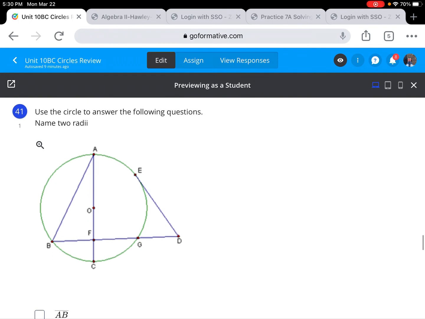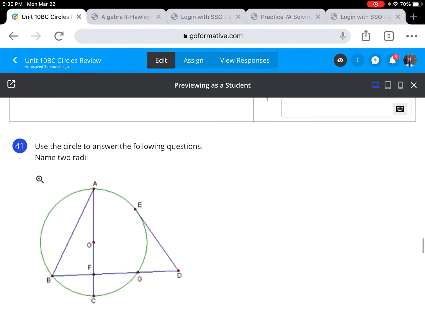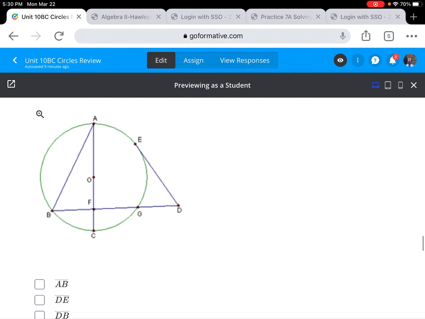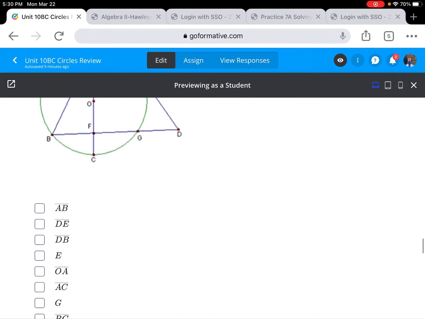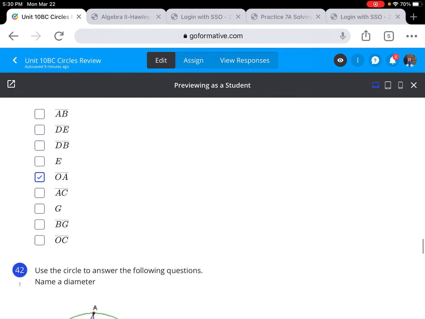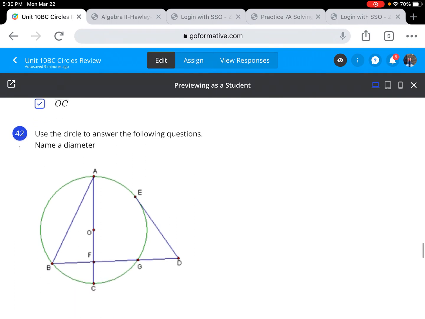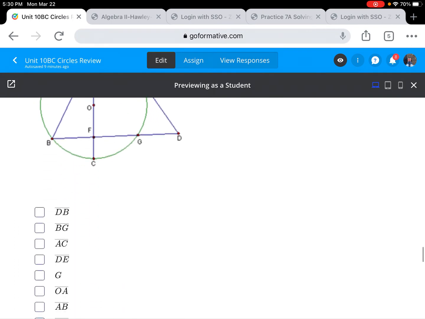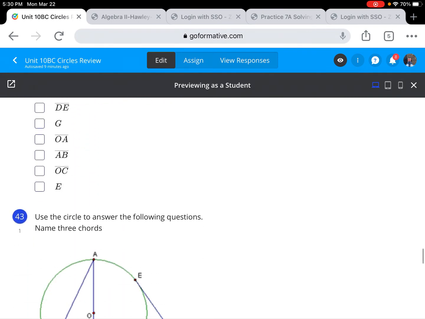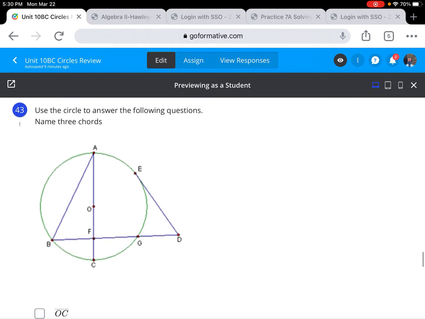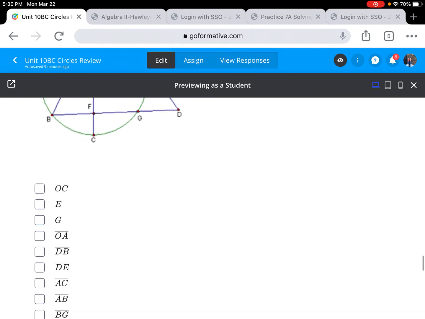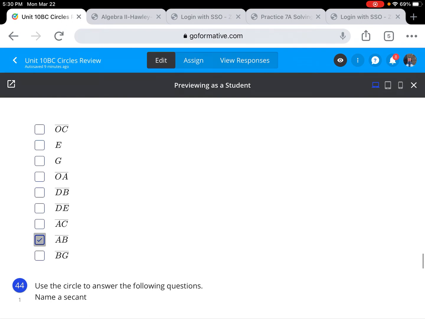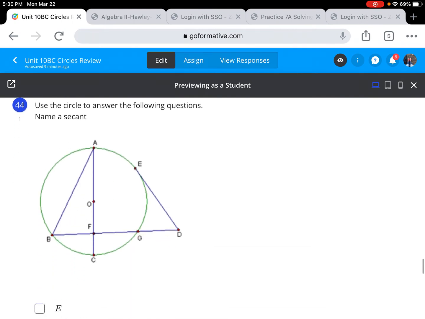Okay, it says use a circle to name 2 radii. So we have OC, OA. Name a diameter, AC, because it goes through the center. Name the 3 chords, AB, BG, AC. AC is a diameter.